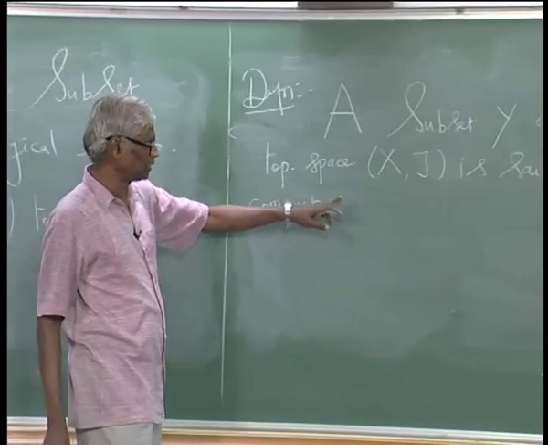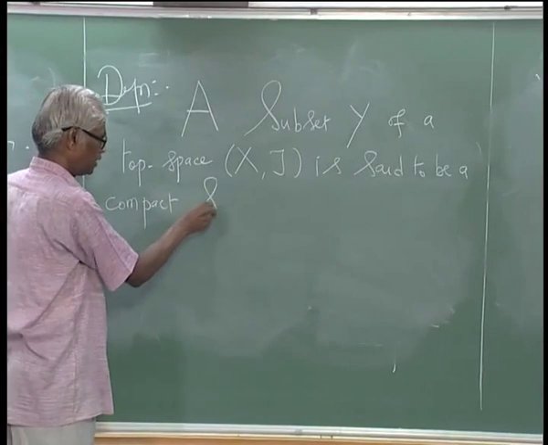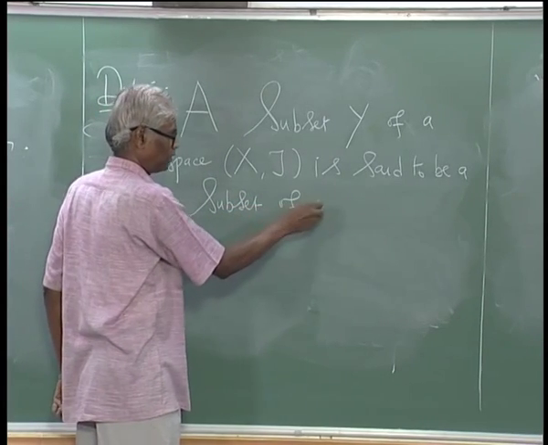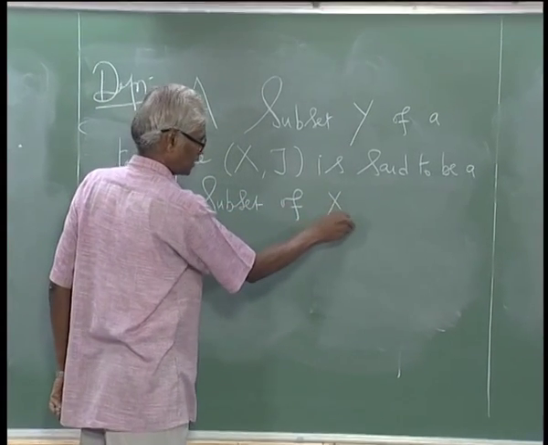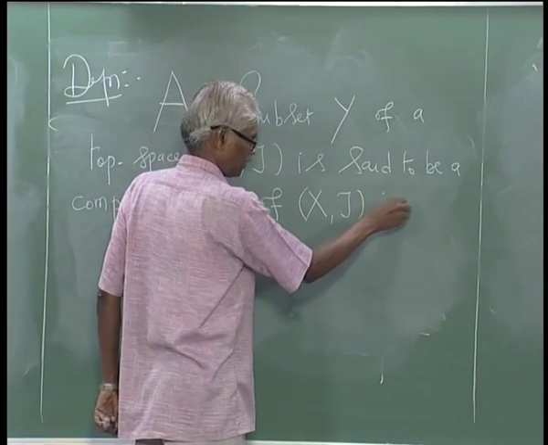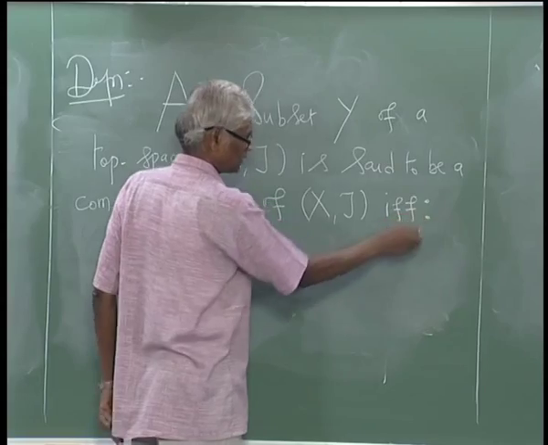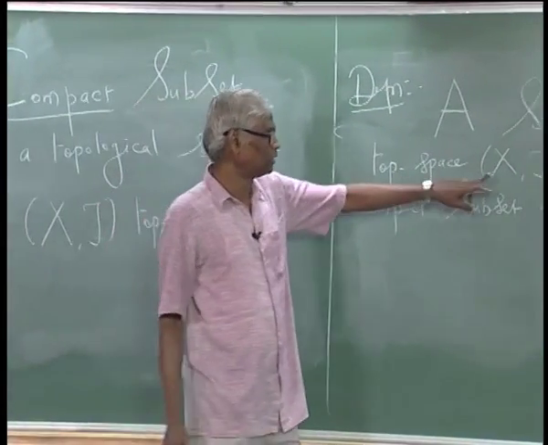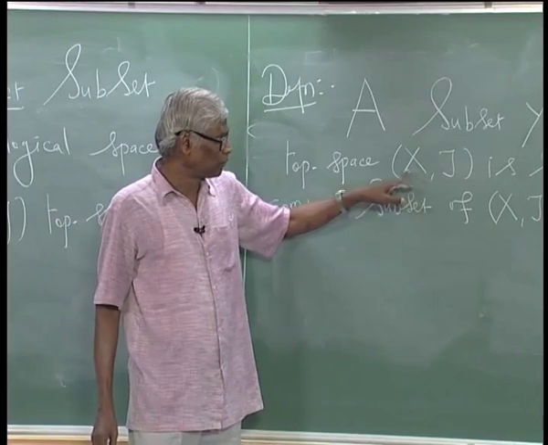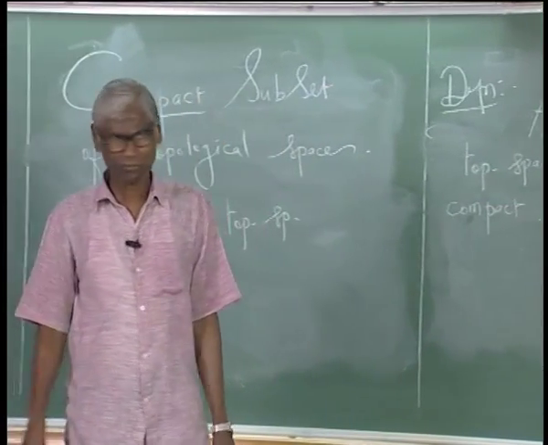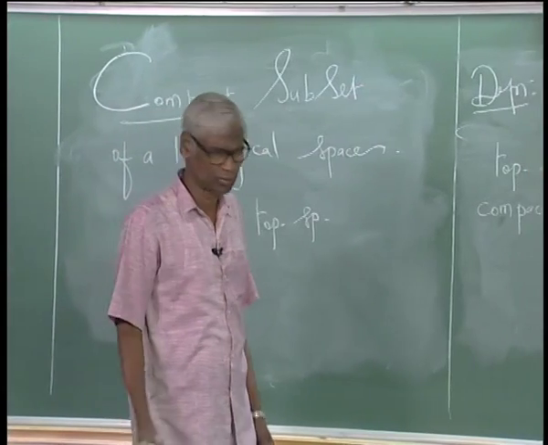So let us just say it is said to be a compact subset of X, with the topology tau, if and only if it satisfies the condition, namely, see, topology means we have a collection of open sets. They are all called neighborhoods.